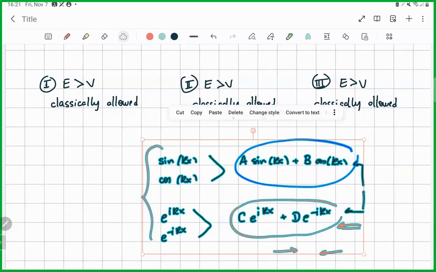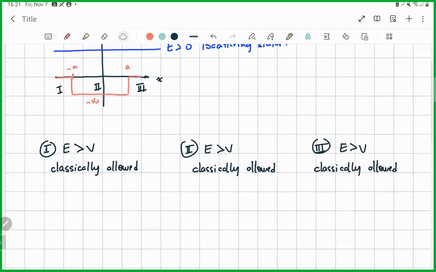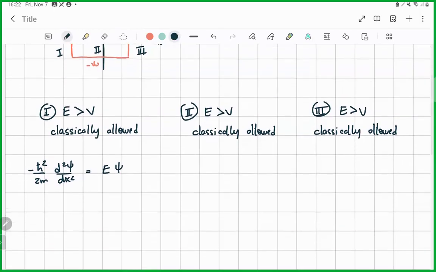Okay, so let's start with region 1. In region 1, the potential is 0. So when we write Schrödinger's equation, the potential is 0, so we go straight to the energy side. Then we play a little bit with this equation, pass the constants to the right, and here we are.